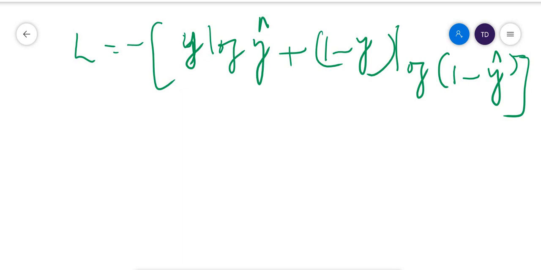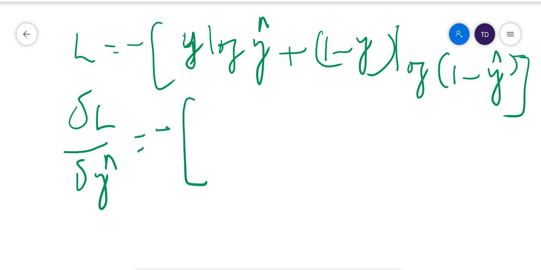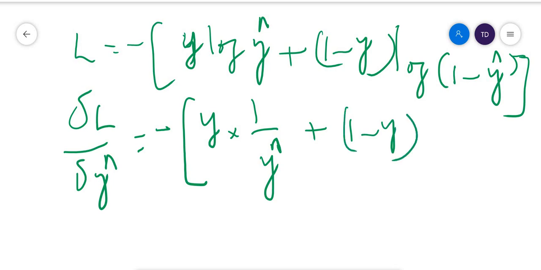So when you take the derivative, ∂L/∂ŷ equals minus of y into 1 by ŷ, the logarithm derivative, plus (1 minus y) into again 1 by (1 minus ŷ) into minus 1. This is what you will get.